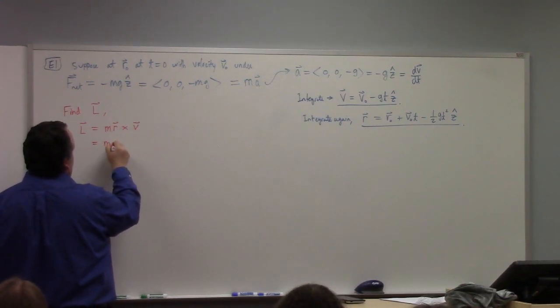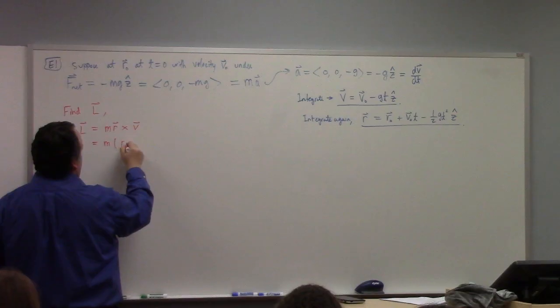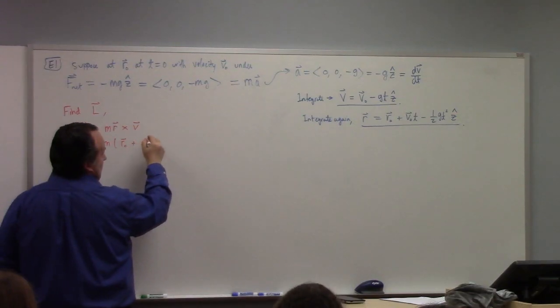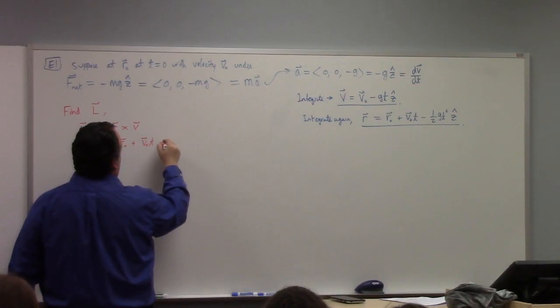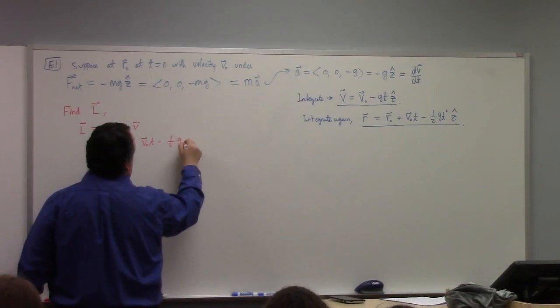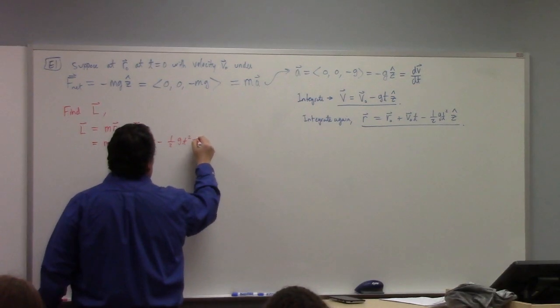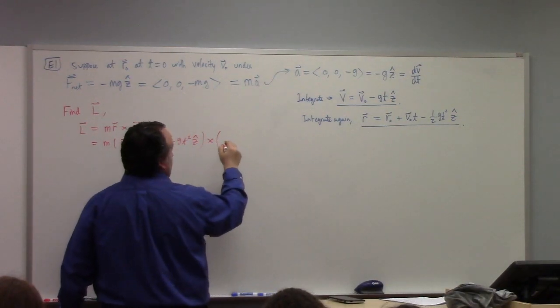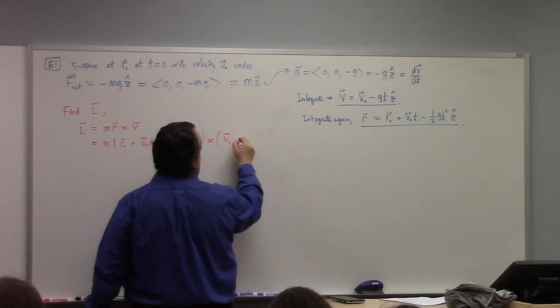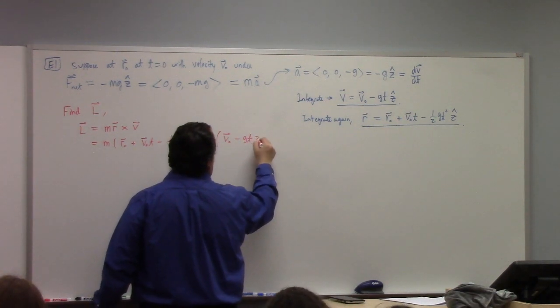So I've got m, and that's going to give me r naught plus v naught t minus 1/2 g t squared z hat. And I'm supposed to take the cross product of that with v naught minus g t z hat.